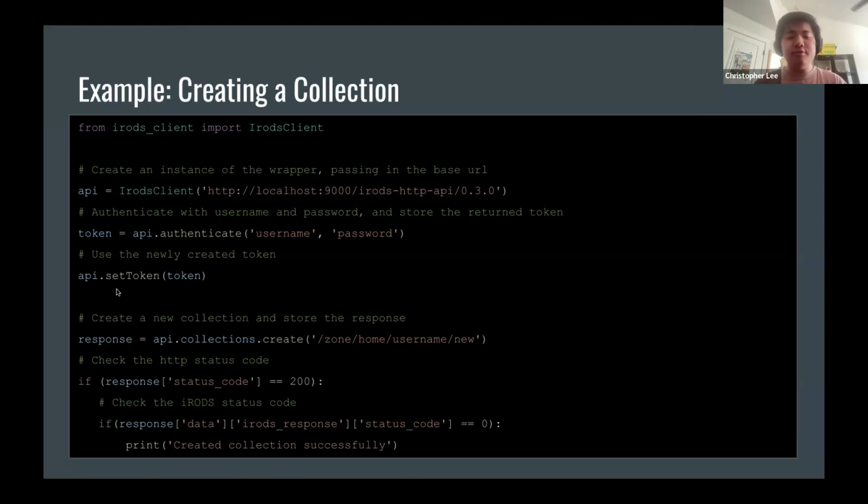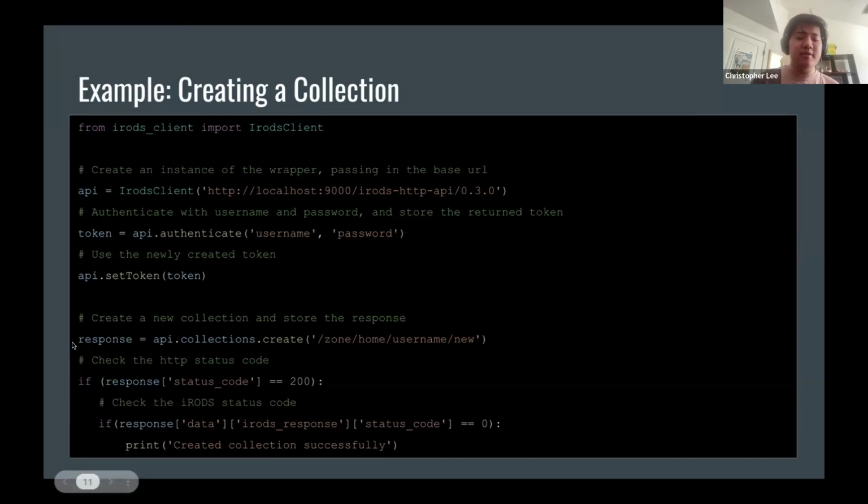If you want to change which user you're authenticating as, then all you have to do is call set token and pass in the token of the user that you want to run these operations as, and it'll switch it for you. So here's an example of that there. And once you've done that, you can call all of the other functions.